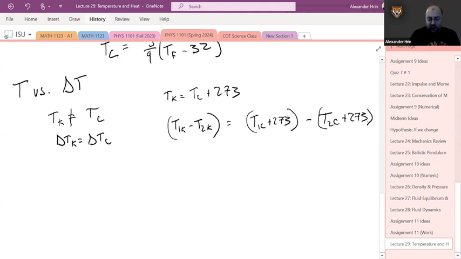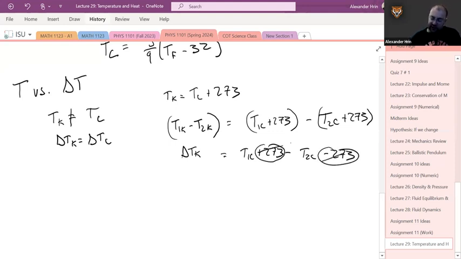Okay. So you do those, and this is just going to be our delta T of Kelvin right there. And then here you'll have T1 plus 273 minus T2 Celsius minus 273. And notice these two things just cancel out. The 273s just cancel out. So you end up with your delta T Kelvin is equal to your delta T in Celsius.